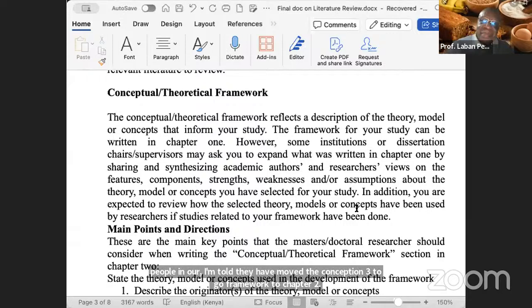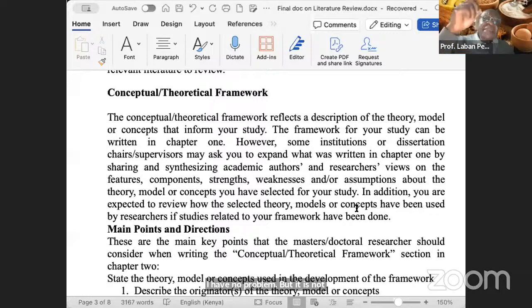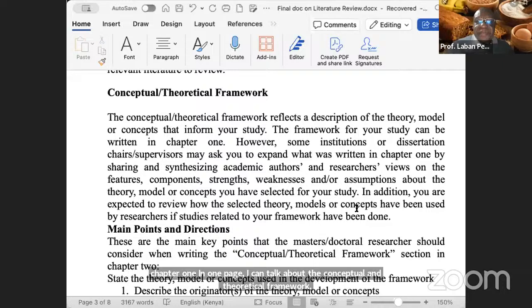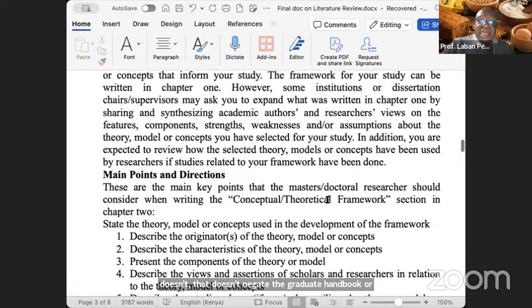I have no problem. But it is not a contradiction if in chapter 1, in one page, I can talk about the conceptual and theoretical framework and show the conceptual framework. Then when I come to chapter 2, I expand the dancing. There's no harm. And that doesn't negate the graduate handbook, or make your study invalid. Carry on, Zipporah.